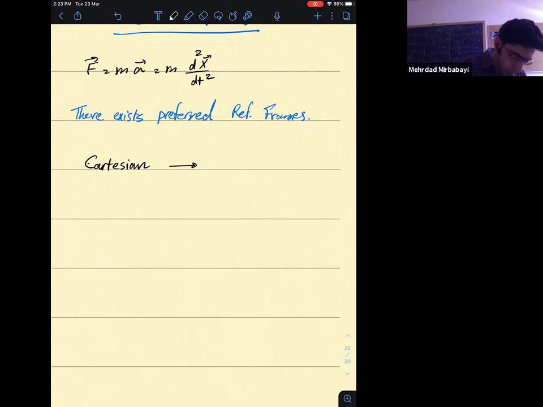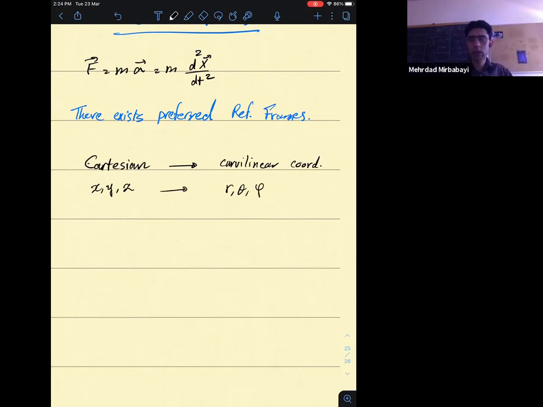If we want to go from Cartesian coordinates to curved coordinates, like spherical coordinates, in general curvilinear coordinates, meaning that we want to go from X, Y, and Z to, say, R, theta, and phi, what we can do is take the original set of equations, see the relation between X, Y, and Z and R, theta, and phi, and then plug it into the equation.